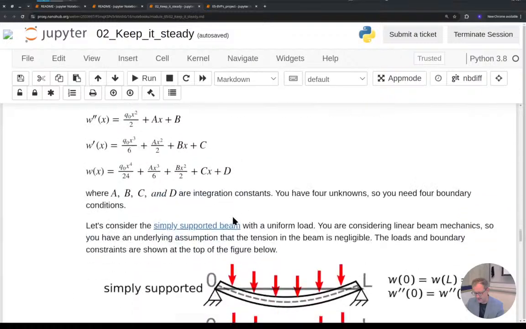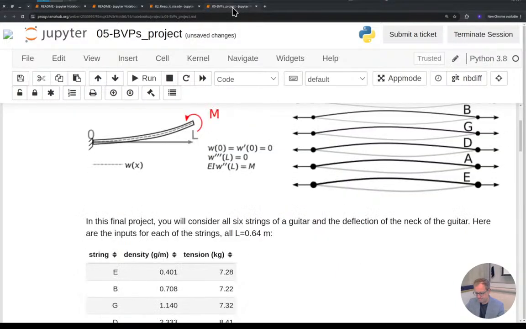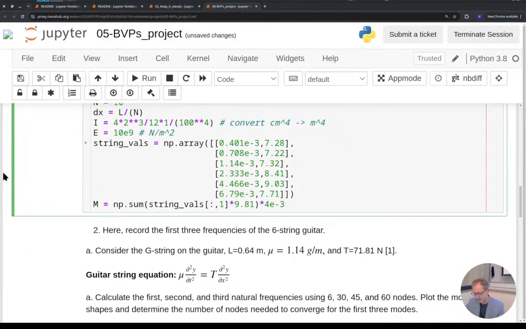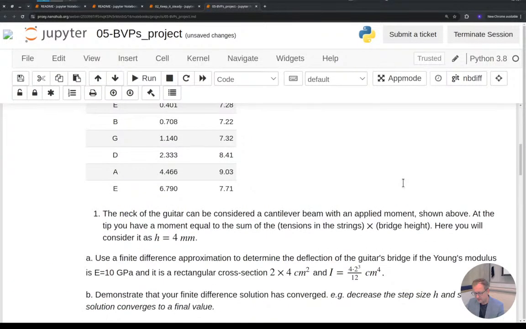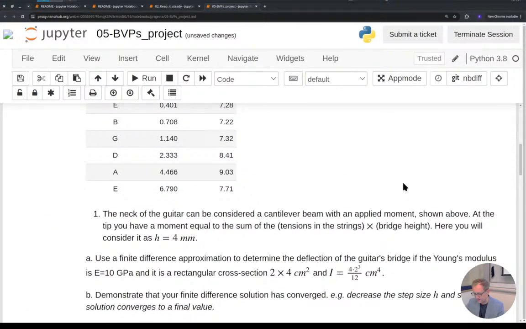So coming down here, we have something like a fixed support, but instead of a distributed load, we have a moment applied right here, all the way at the end. So I know how big the moment is, and that's going to give me all my boundary conditions there.